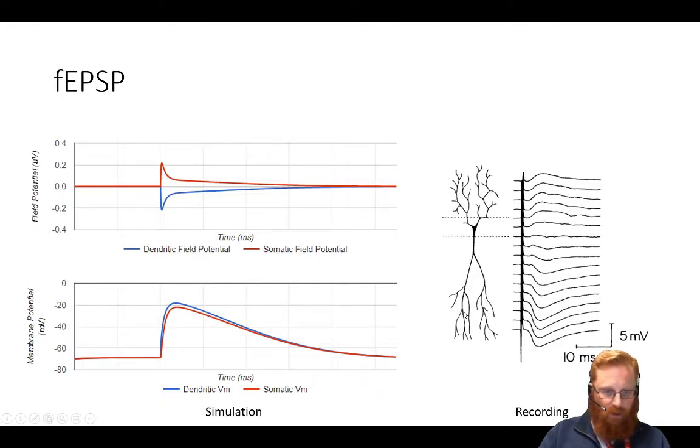So if sodium goes in, then a positive charge needs to leak out somewhere else. And so if you put your electrode up by the soma, or possibly even in these dendrites, then you see that effect of the positive charge coming out. And so now the local field potential goes in the other direction. Even though if you were inside the cell, in both places, you have a depolarization.